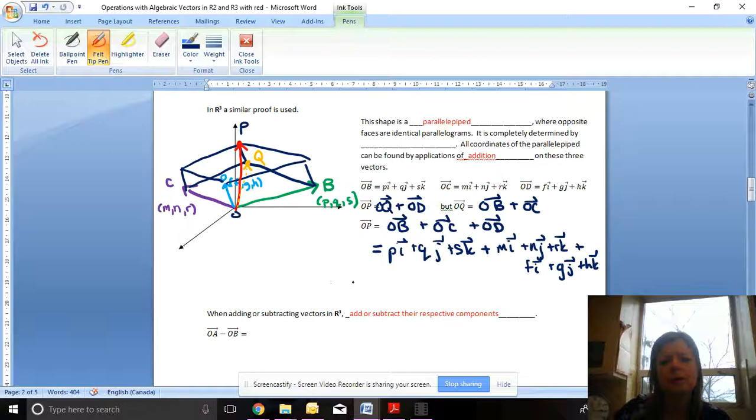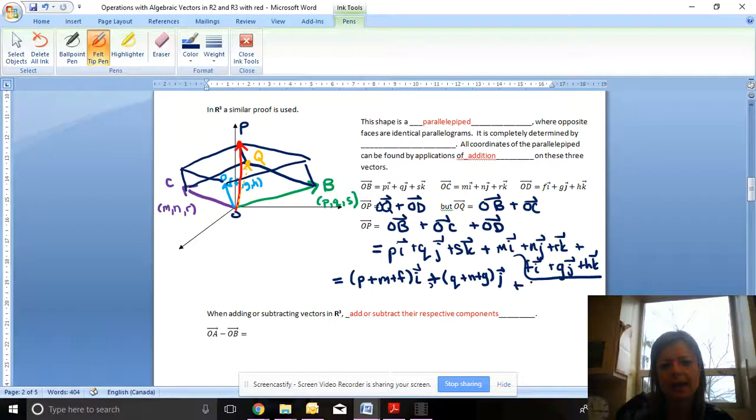Okay, so if you collect like terms on i, you get P plus M plus F all in front of i. And then you get Q plus N plus G all in front of your j.